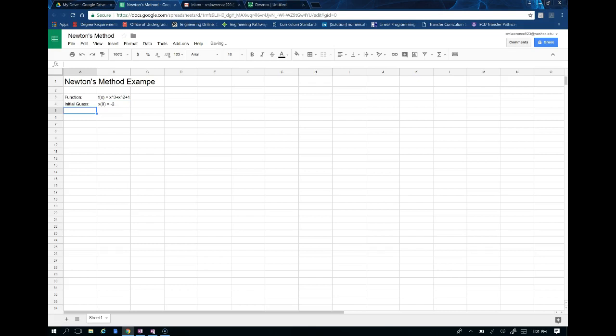So I'm putting this all off to the side. I want to keep track of this. I also need my derivative. And you work that one out by hand. So this is f prime of x. I need to know what this is. And the derivative for x cubed plus x squared plus 1 is going to be 3x squared plus 2x. So pretty easy.